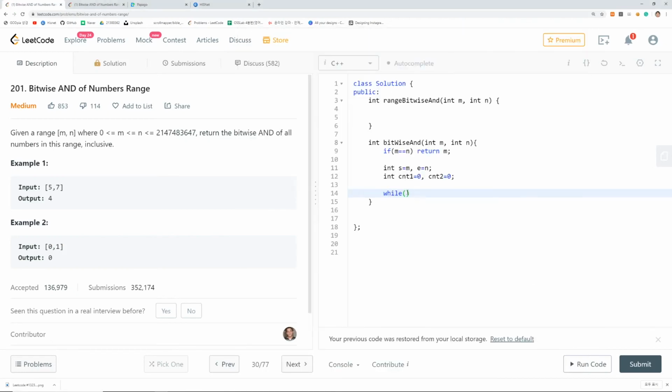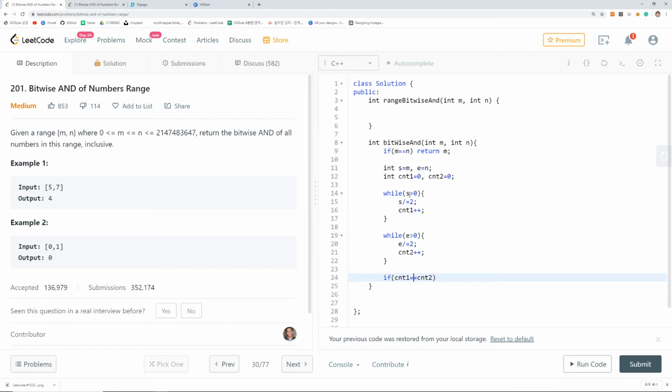So until it's 0, I'm gonna divide by 2 and count those numbers. So I can compare those two numbers, count 1 and count 2.